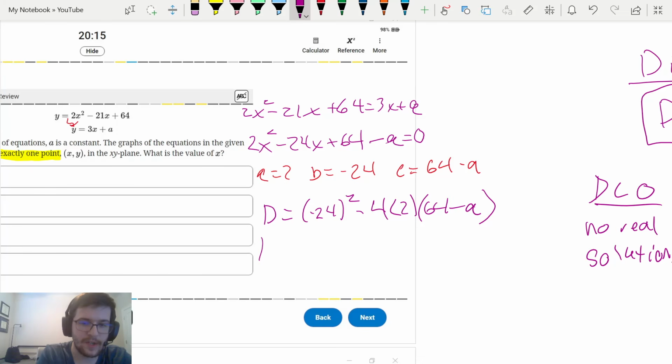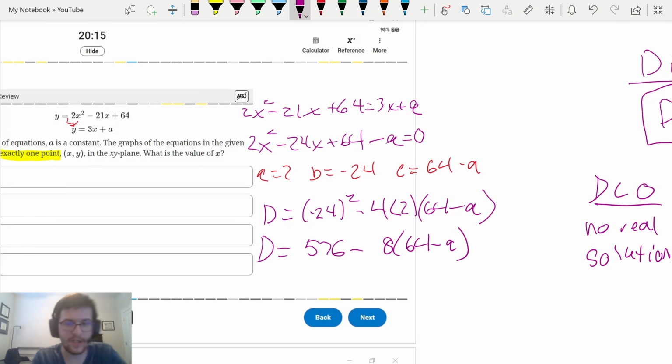Okay, so if we start doing some numbers here, we get 576 minus 4 times 2 is 8, 64 minus a. And now we distribute. So 8 times 64 is 512.